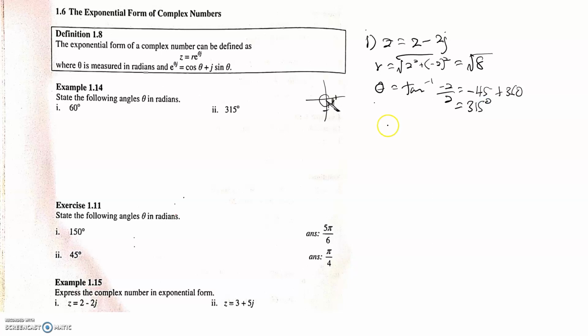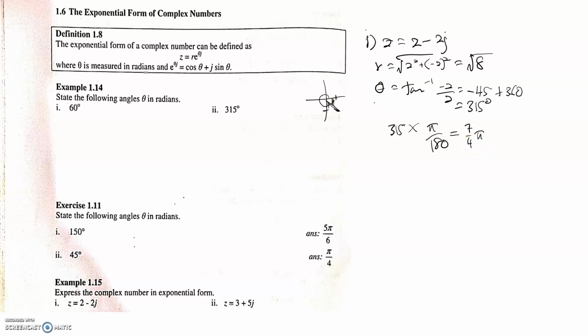Now let's convert that. We have 315 times pi over 180, so it is equal to 7 over 4 pi. So these are the two crucial pieces of information that we need to have, which are the modulus and this angle.